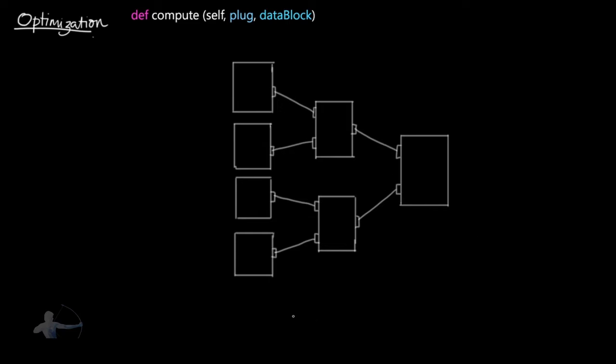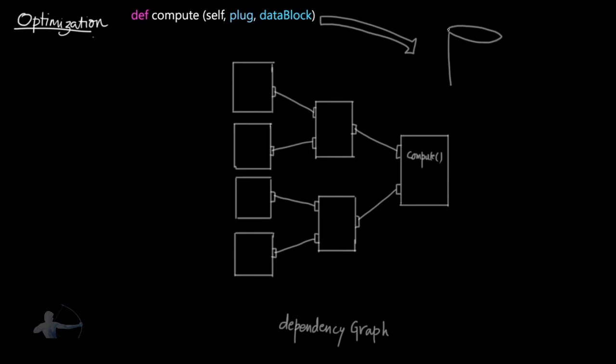So this is our dependency graph, and this is our node where a compute function will be called. The point where we would read the value as input from the data block. We know that the data block is provided to each compute function.